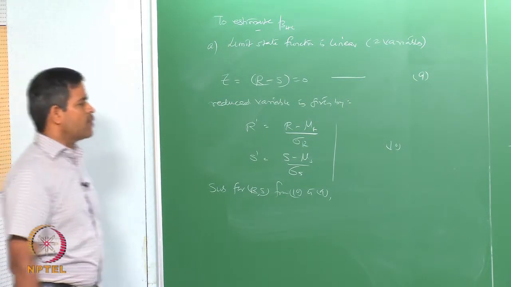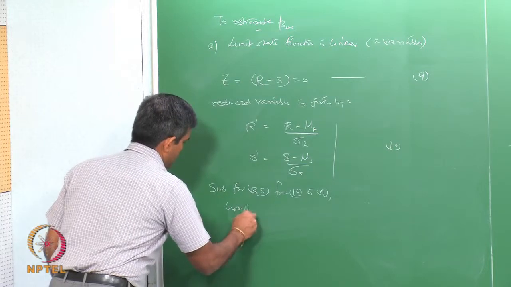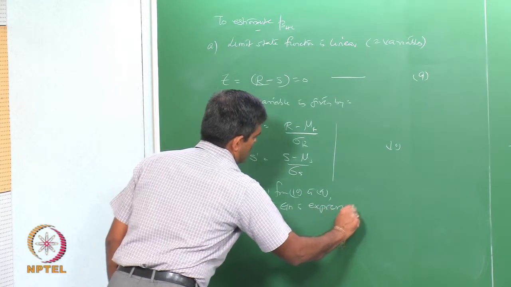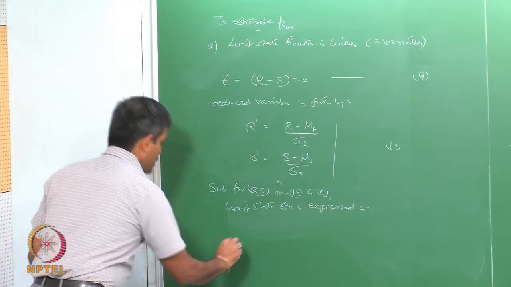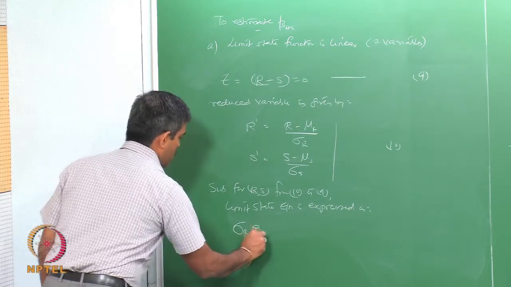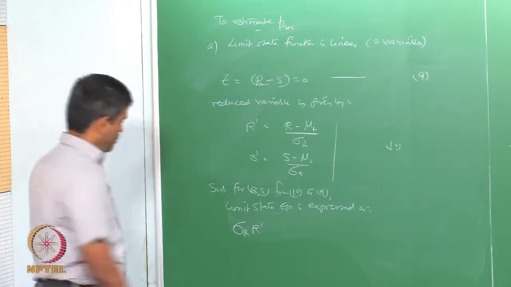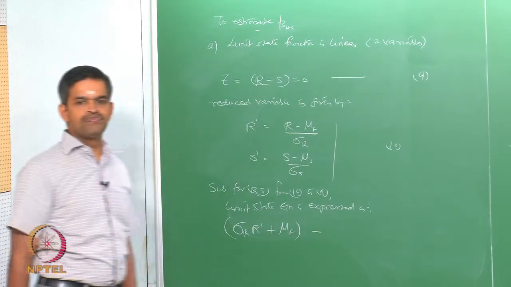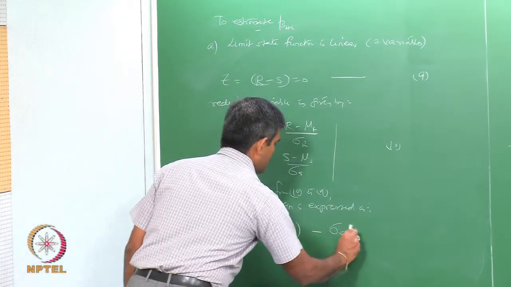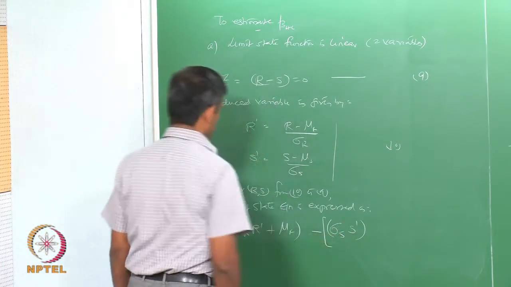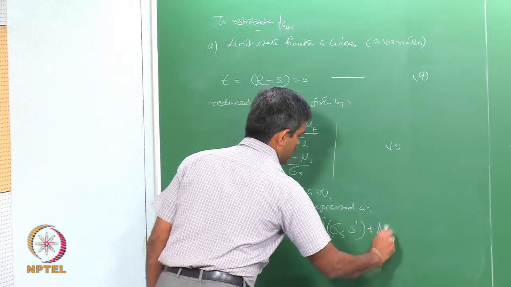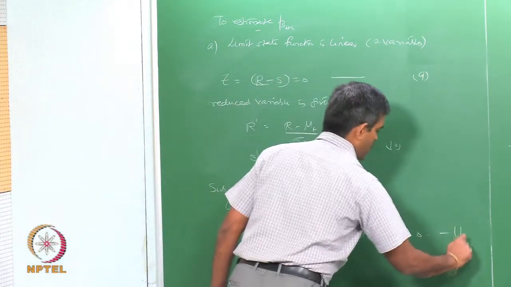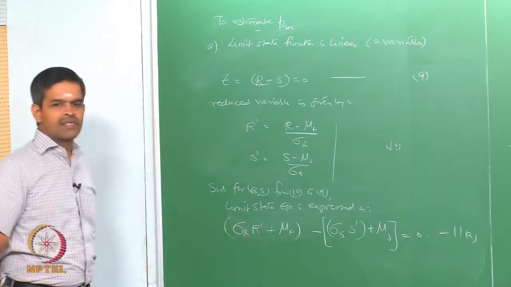the limit state equation can now be expressed as sigma r r prime plus mu r minus sigma s s prime plus mu s equals 0. This is 11a; we can rearrange this equation slightly.